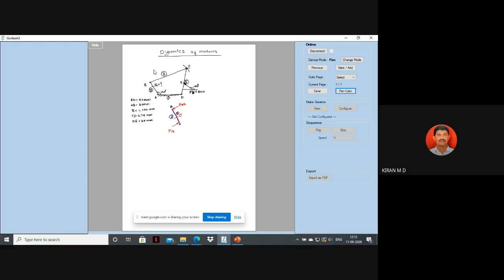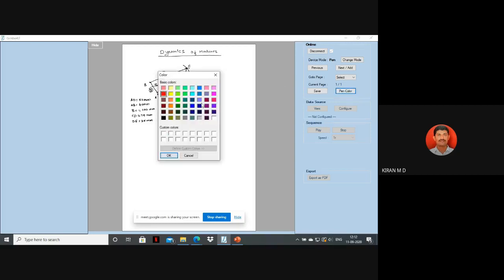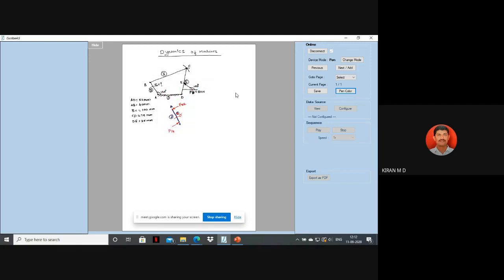Just I will draw the link 3. It is not necessary to draw as per scale, I'm just drawing the parallel line to this one. Okay, this is link 3.